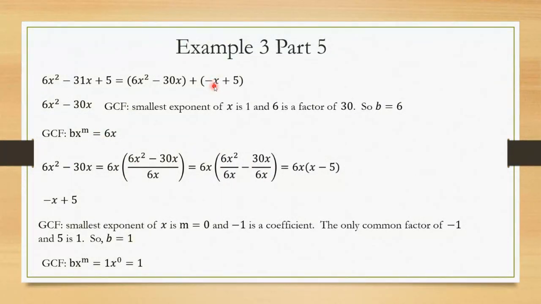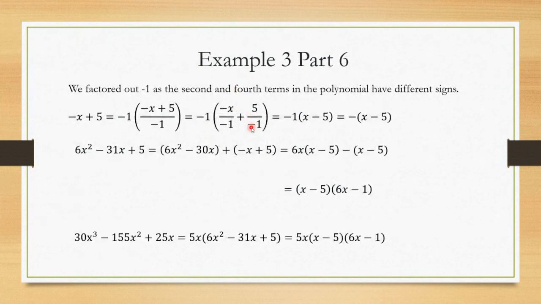So the only common factor negative 1 can have with 5, or any number really, is just 1. So the greatest common factor has to be 1, and the GCF of the second group is also 1. But again, we have to factor out a negative, as I said already. So I'm factoring out negative 1, and that's what I'm doing here.